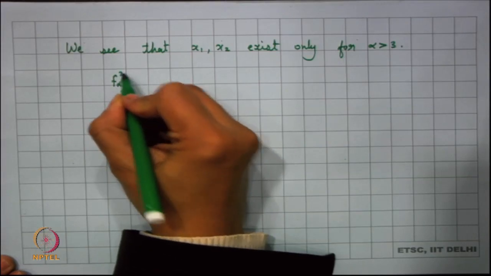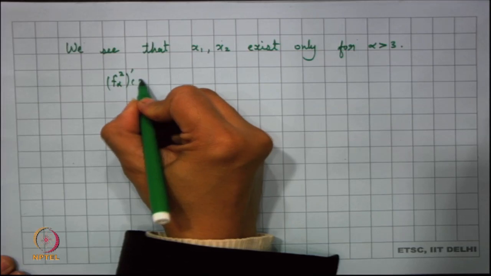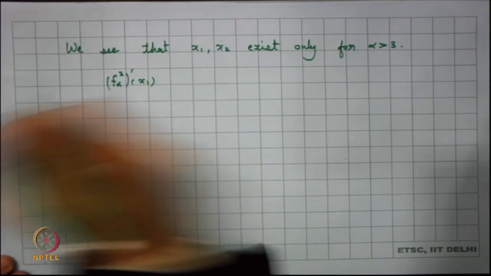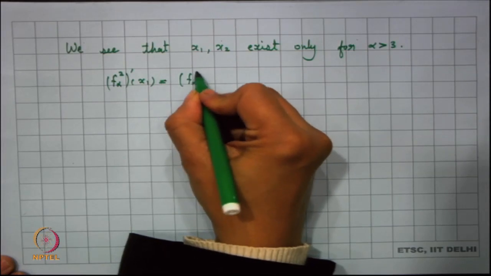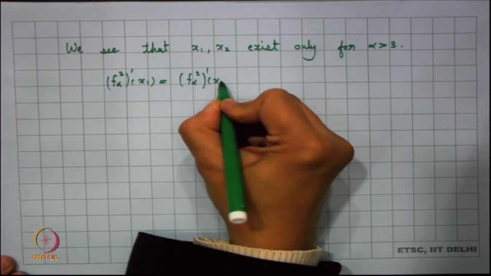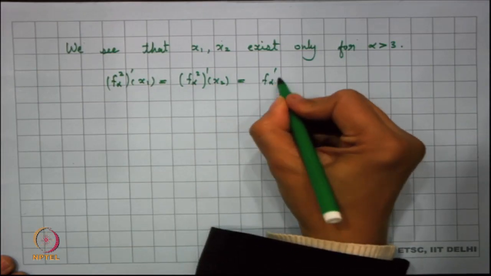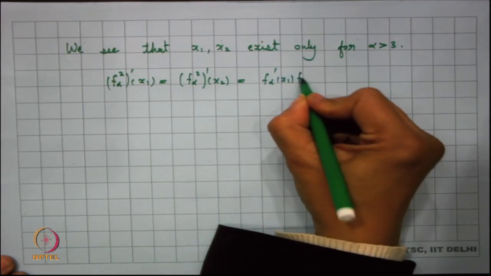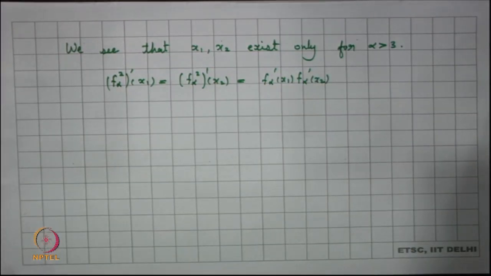So, what happens at f alpha square, right, I am looking into this prime at the point x1, right, and by symmetry this will be same as f alpha square prime at x2, which happens to be same as f alpha prime x1 into f alpha prime x2, and what is that equal to?